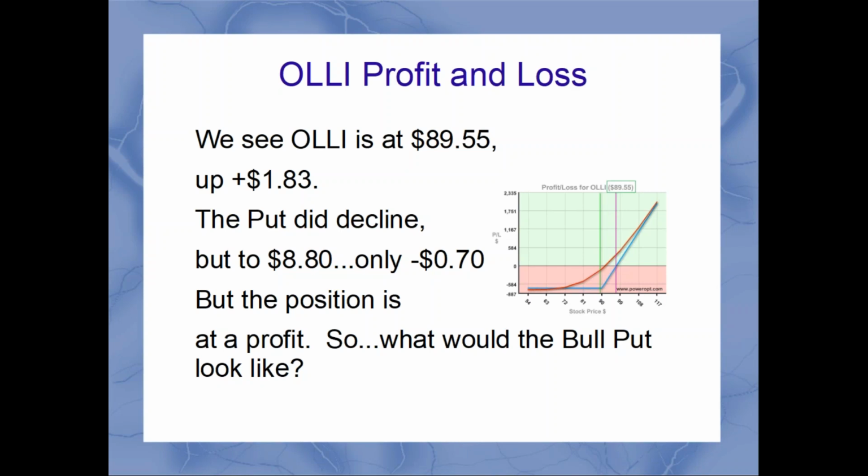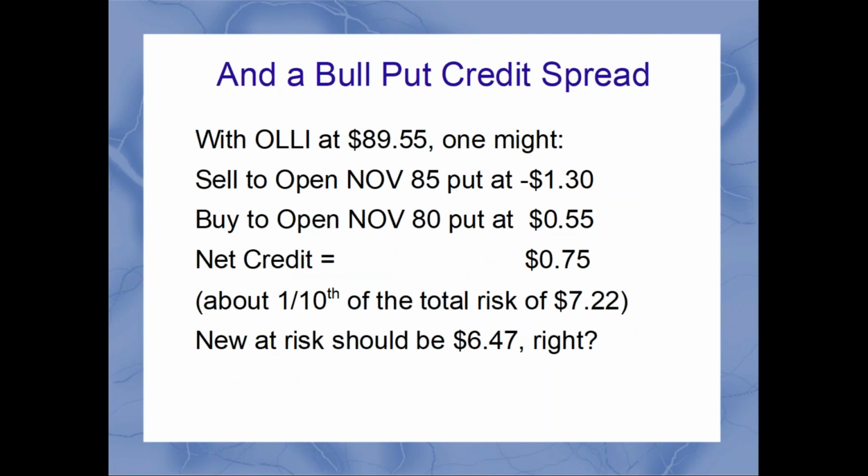But if you wanted to add a bull put credit spread to this nested structure, what might we do? Well, with Ollie at 89.55, one might consider selling to open the November 85 put at $1.30. At the same time, you could buy a November 80 put for 55 cents. So we're going to generate a credit of 75 cents for about a 20-day trade.